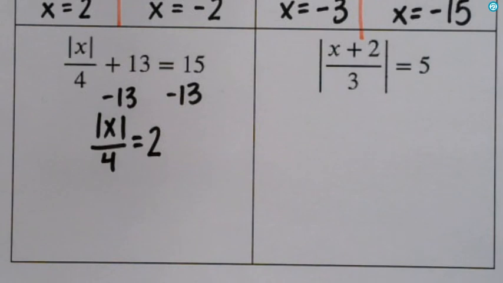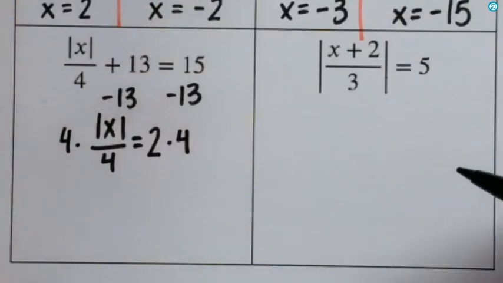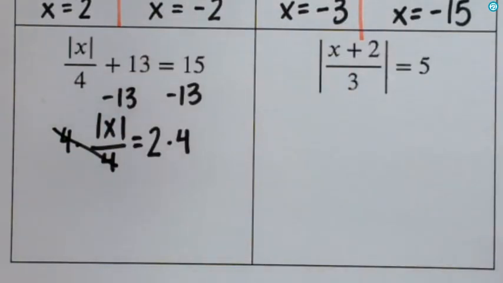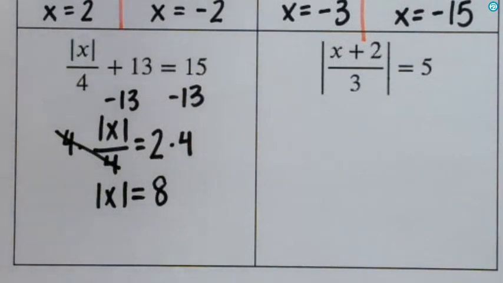Okay. Absolute value of x over 4. We can multiply both sides by 4. These 4's cancel. I get absolute value of x equals 8. 2 times 4 is 8.